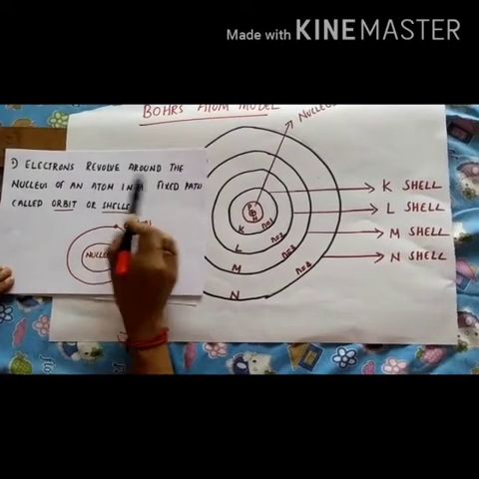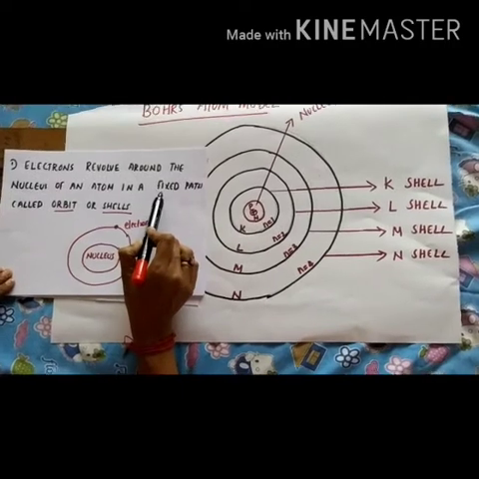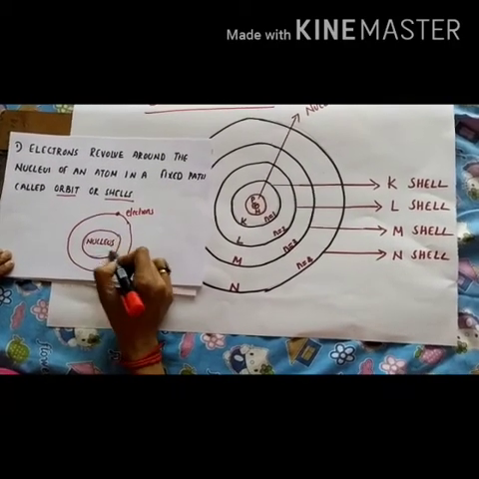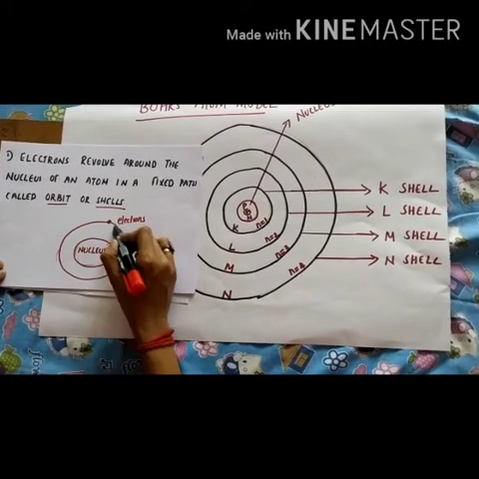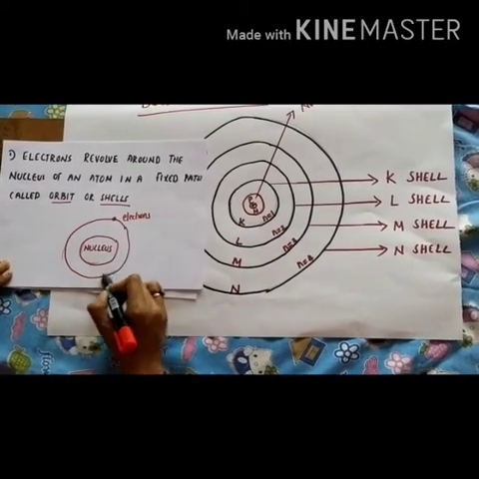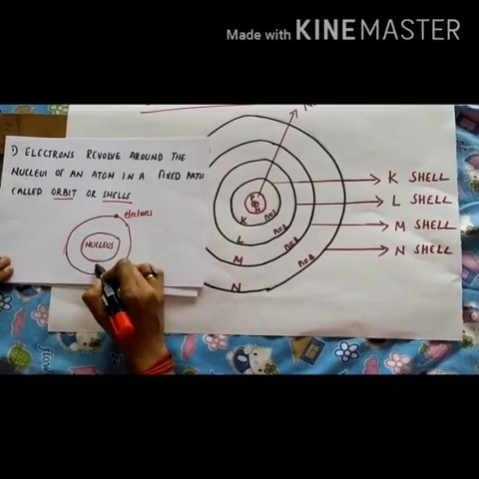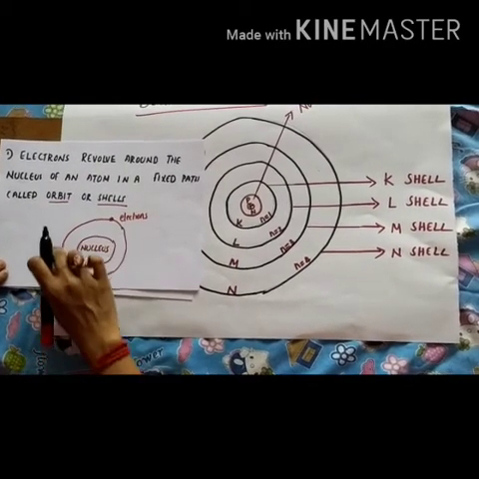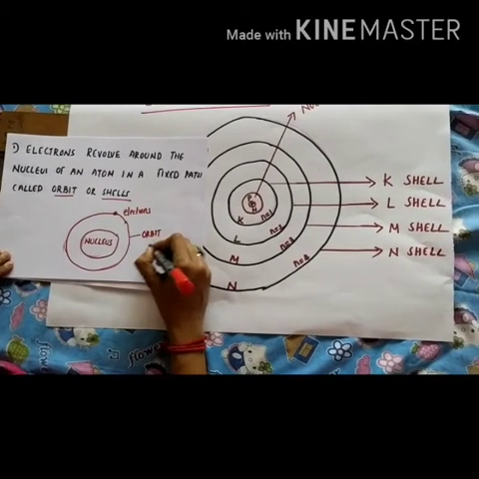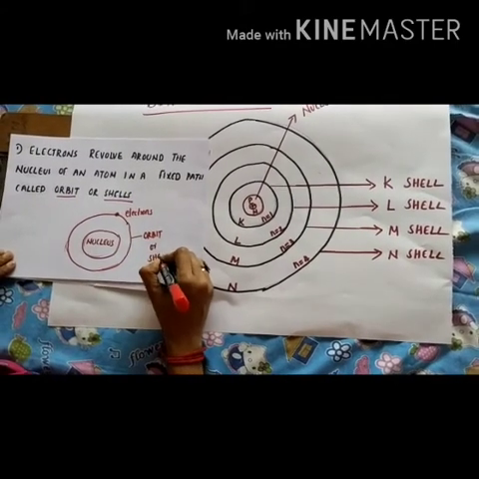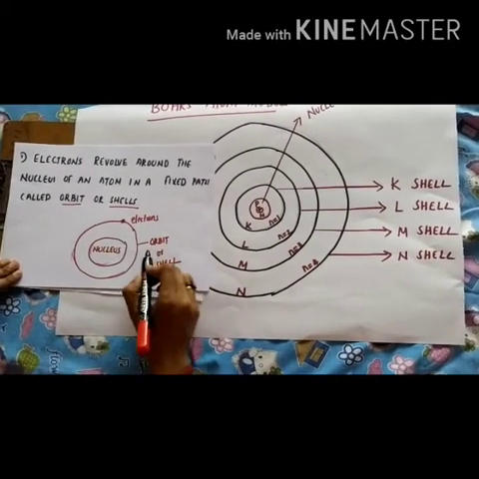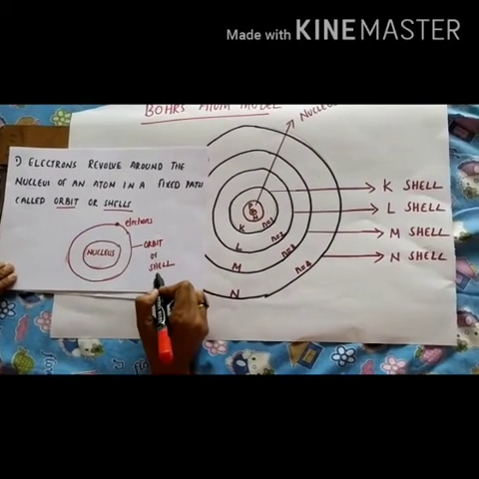If you consider this as the nucleus, the electrons are revolving around the nucleus in a fixed path, and this path is called an orbit or shell.